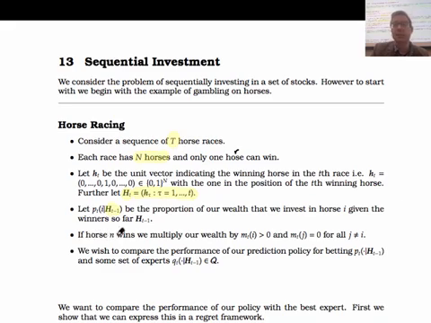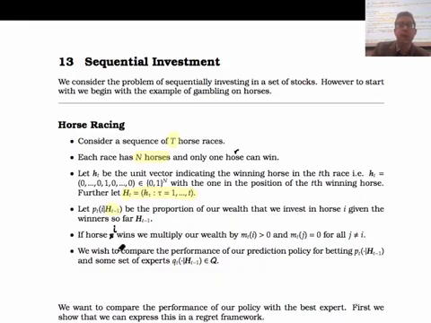And then if horse i wins, we multiply our wealth by m_t(i). So that basically gives us the odds of that horse winning in that betting situation. And if it doesn't win, then we multiply it by 0.